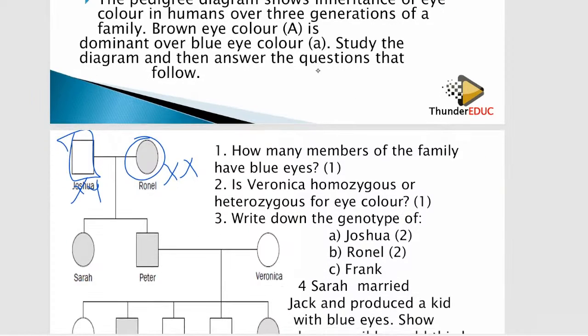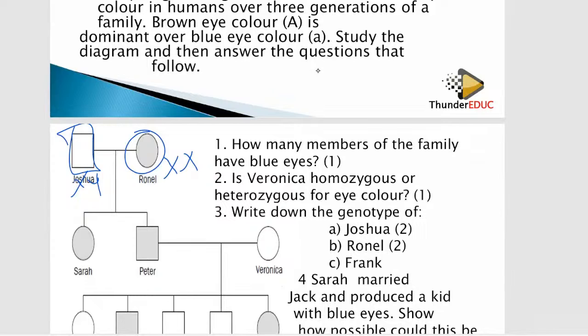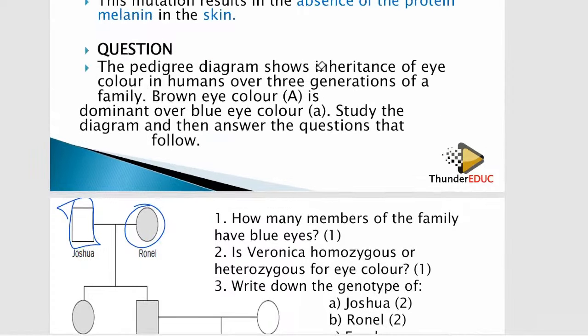So they didn't mention that this is sex-linked, so you cannot use X and Y. You can't. So what are we supposed to use? It means that they say that brown color is capital A, meaning that the recessive one is the blue eye.